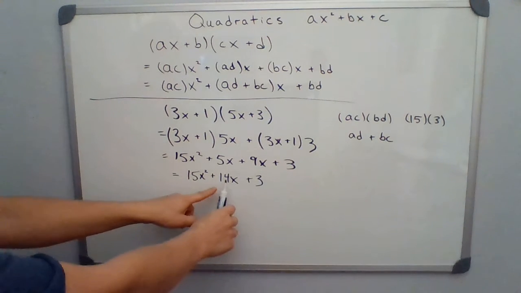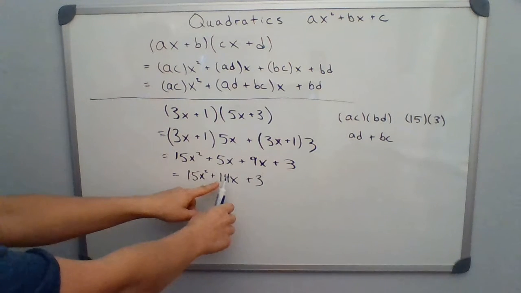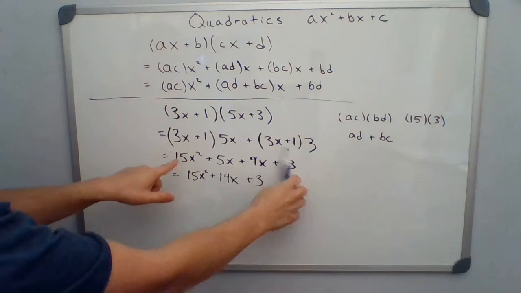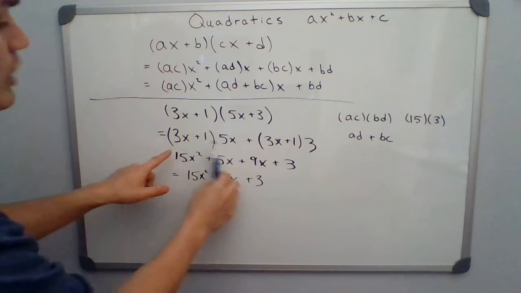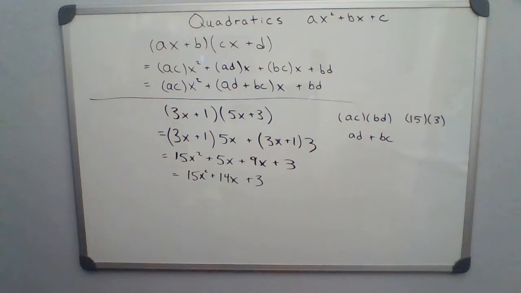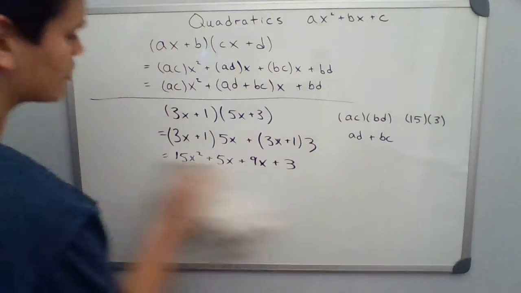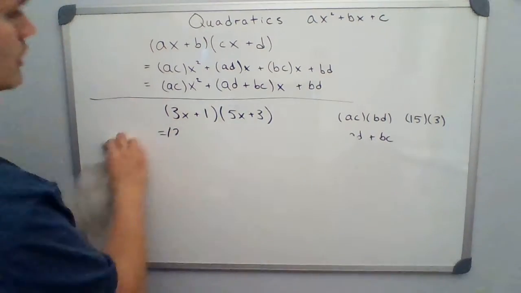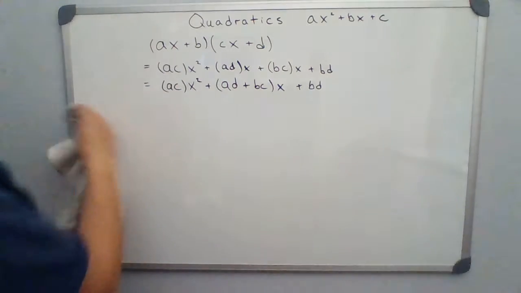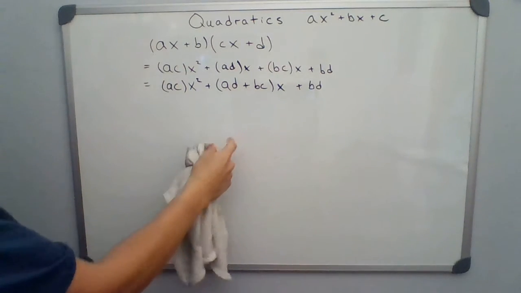So if we can see how this happens backwards, we split the middle term, and then we see that we can factor out a common term, mainly 3x plus 1, out of the first two terms here and the last two terms there. So this just requires a lot of examples to go through. This was just in a generalized form.